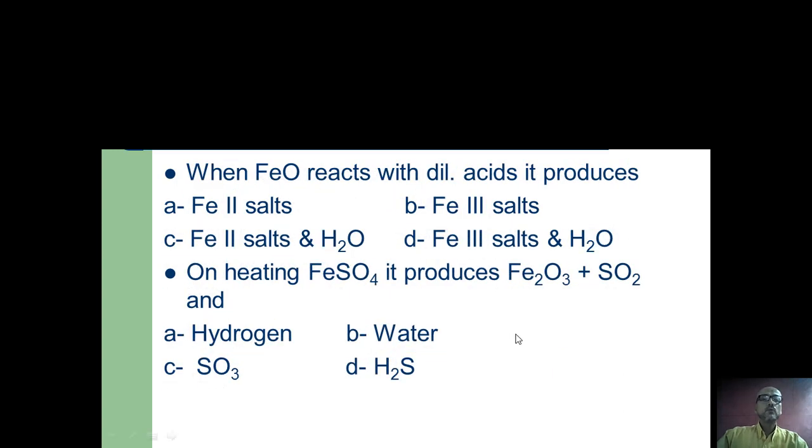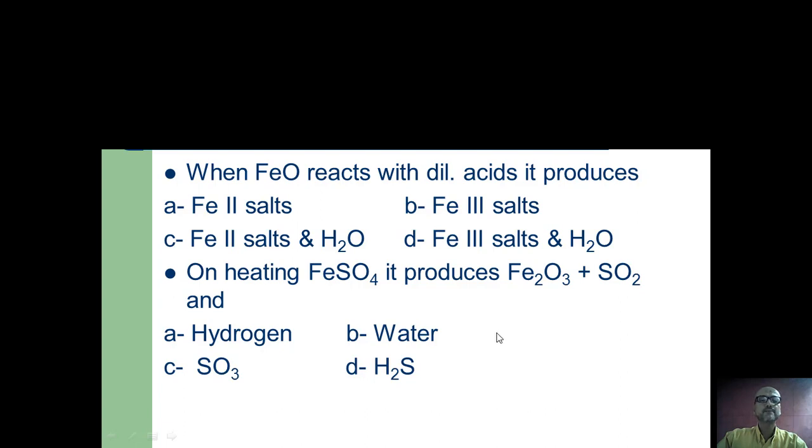Next, when iron 2 oxide reacts with dilute acid, it produces: A. Iron 2 salt, B. Iron 3 salt, C. Iron 2 salt plus water, D. Iron 3 salt plus water. What is the right choice?